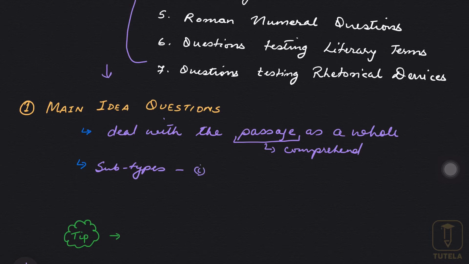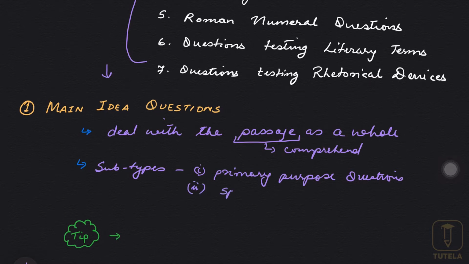The first one is primary purpose questions. Primary purpose questions are not very different from the core main idea questions. The way to work such questions is also similar.